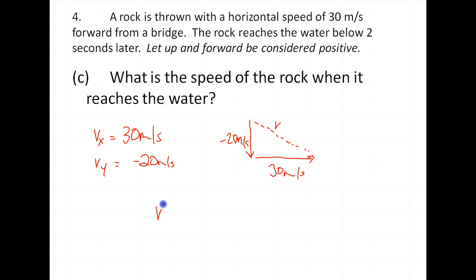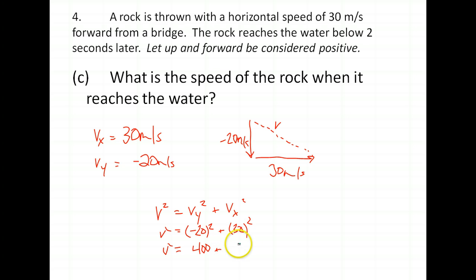We get v squared equals vy squared plus vx squared, and we just plug our numbers in here. So we're going to have our negative 20 squared plus our 30 squared, and it's meters per second. I'm just getting a little sloppy here. Sorry. We'll put the labels back in at the end. We have negative 20 squared actually ends up being positive 400.